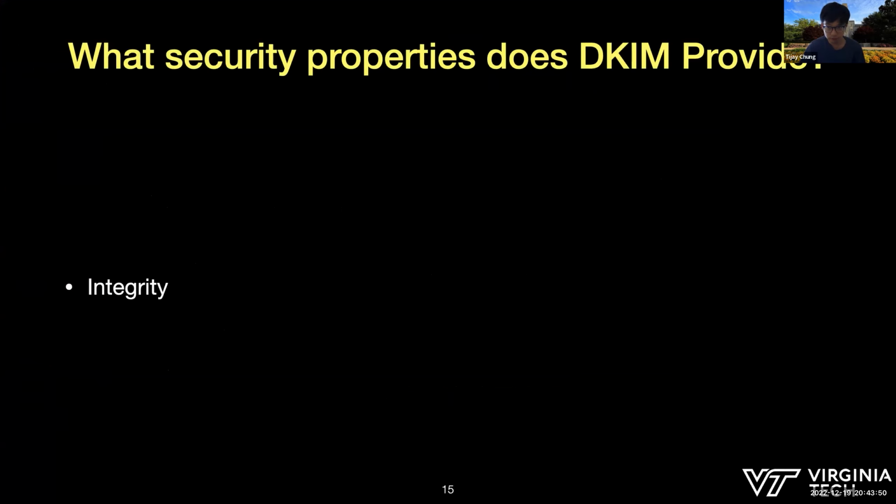I just showed you a demo. So the security properties that DKIM provides are integrity, right? And also non-repudiation. The non-repudiation concept is really interesting. For example, you can't deny what you have done, okay?